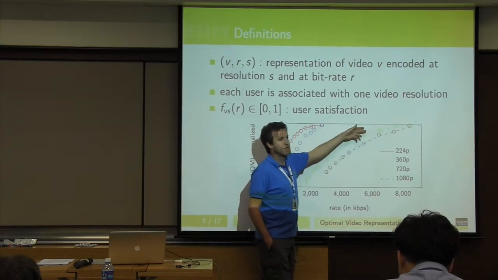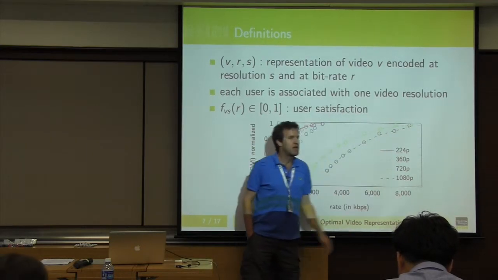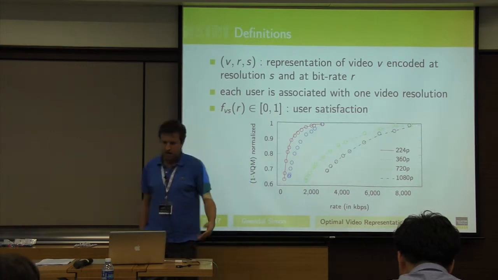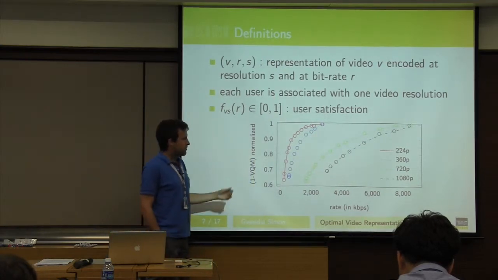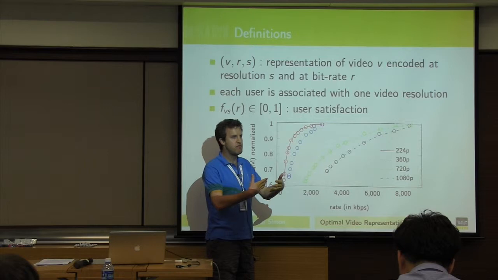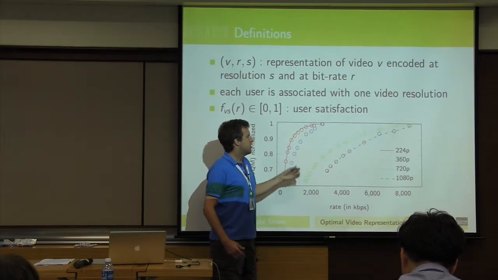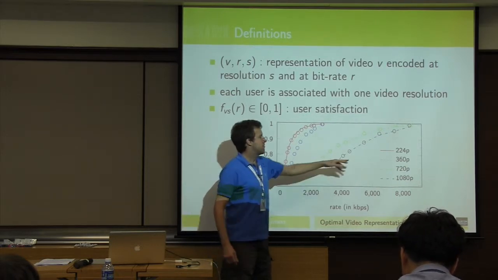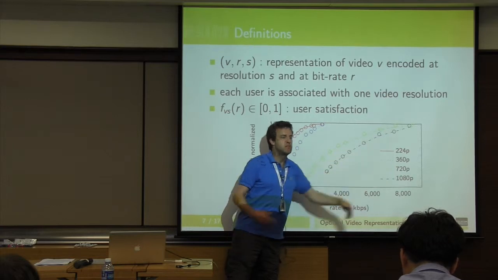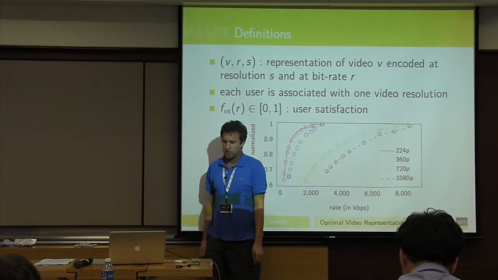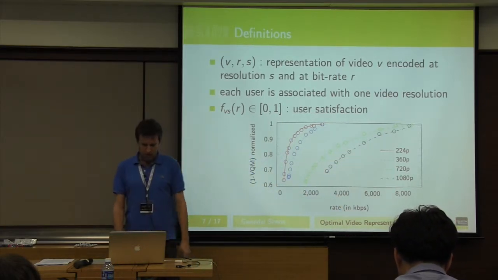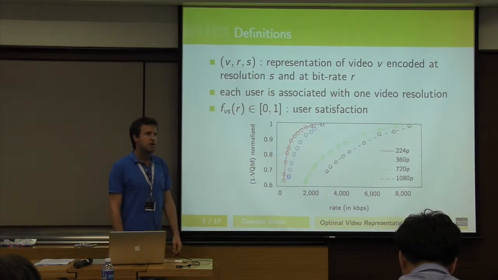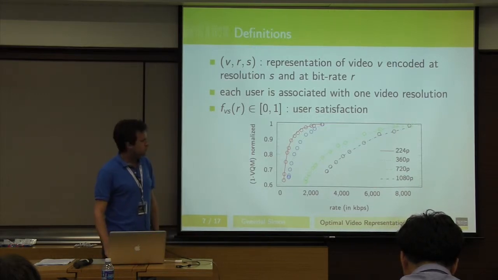Otherwise, for 720p, you need something like 9 megabits per second. So basically, if you are watching on a smartphone at 360p, you don't need a lot of bitrate to be happy.